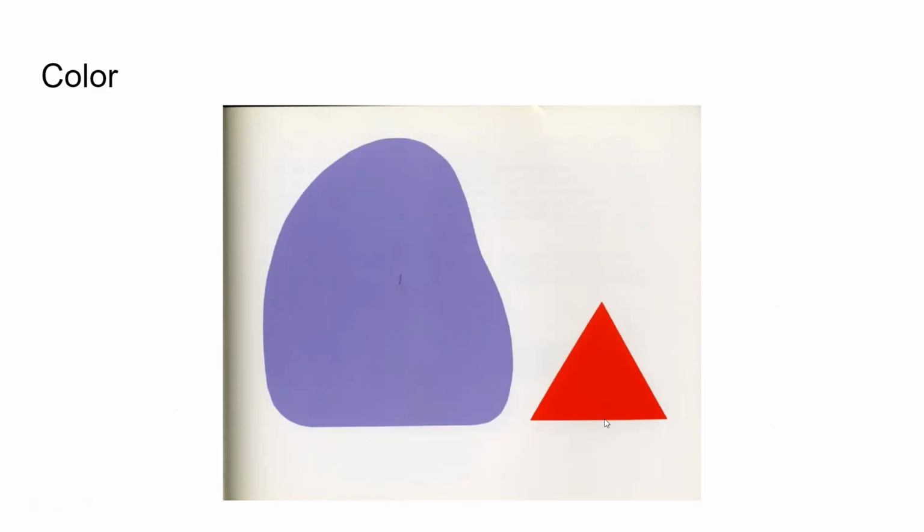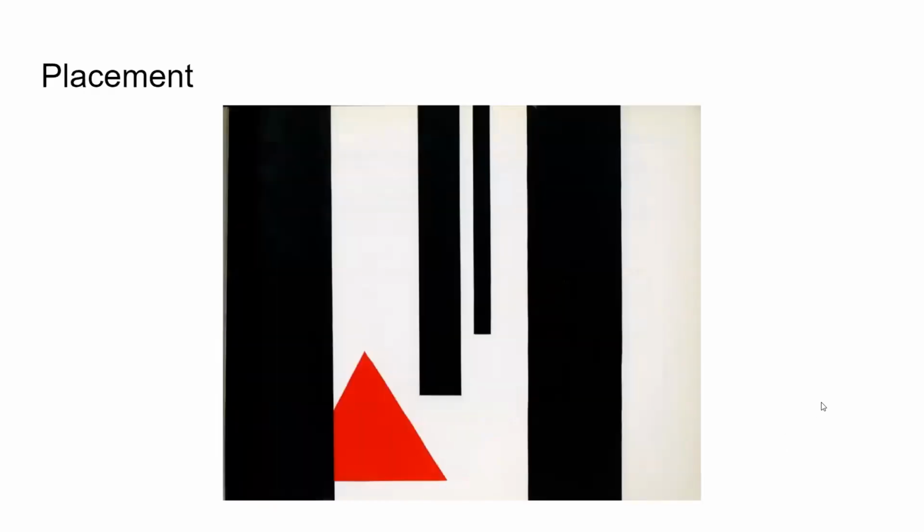If you read a left to right language, like English, the right side of the page is the active side. It's the going forward side. It's the side that's progressing into the future. So red shape is going somewhere. And just the positioning on the page tells us that. So where's red shape going?